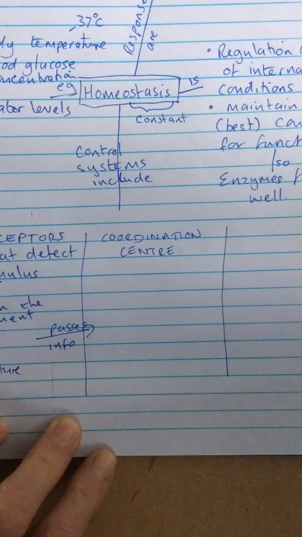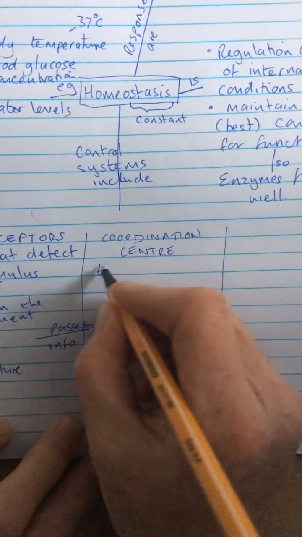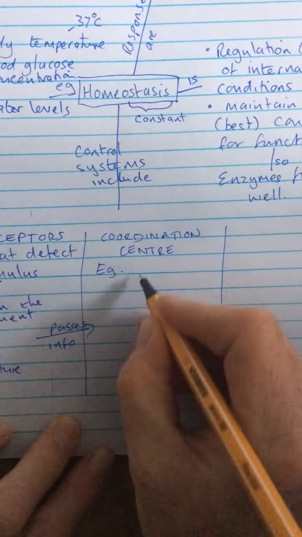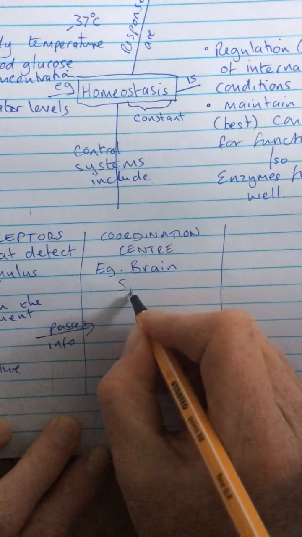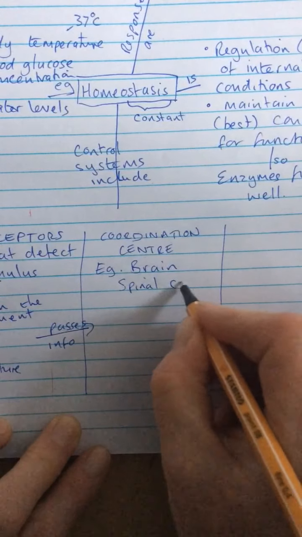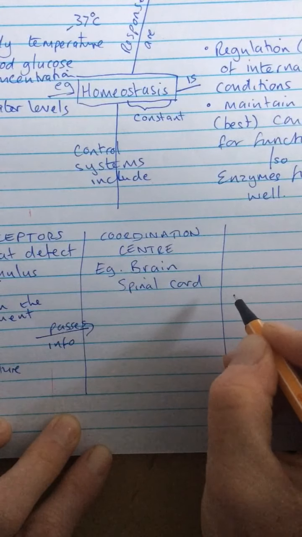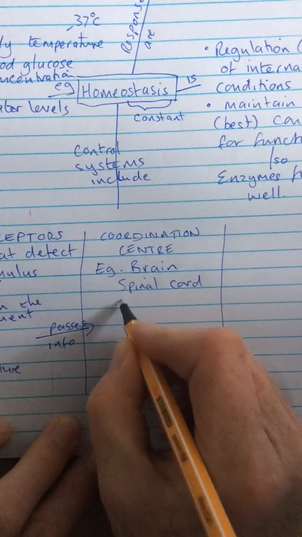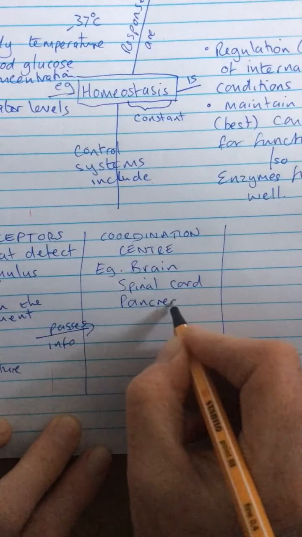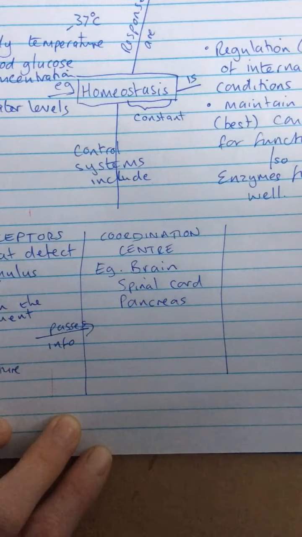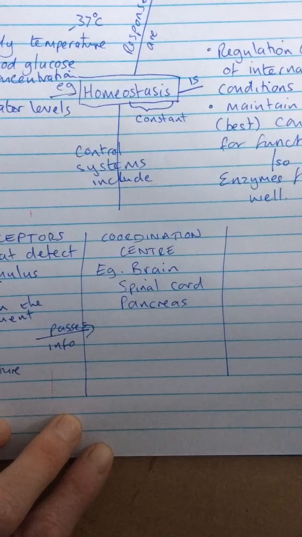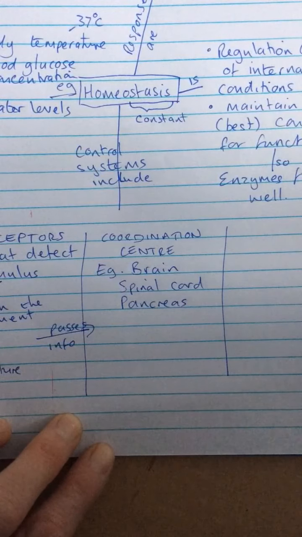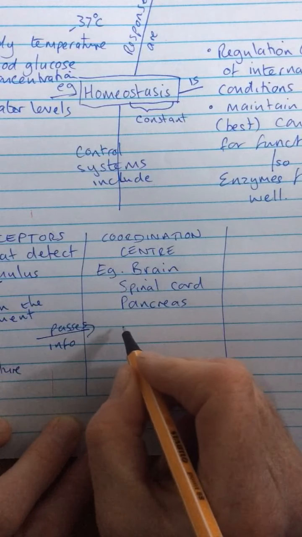The three examples that you need to know of coordination centres in your body: the most obvious one is your brain, your spinal cord, and also less obviously your pancreas. So all of these three coordination centres will receive information from receptors and go, what do I need to do with it? So what they do is they receive and process information.